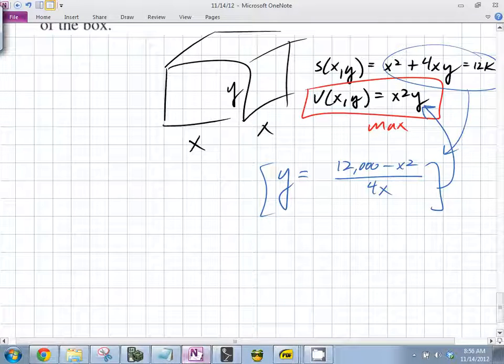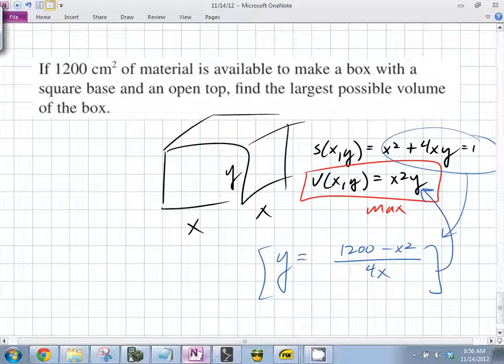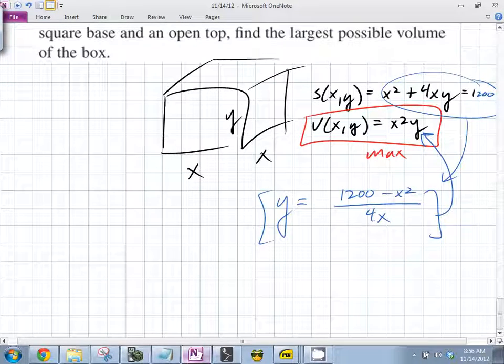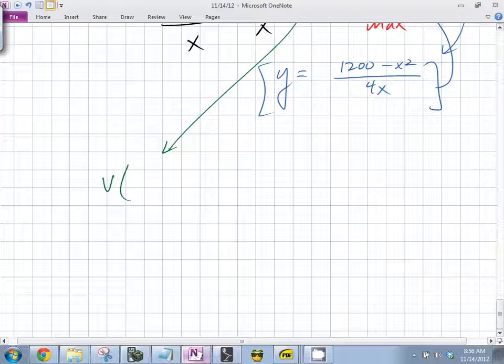Good catch. So where do we plug this in now, Carter? Plug it into the volume. And now what do we have that's so useful? We have the volume just in terms of x. So what's it equal? X squared times 1,200 minus x squared all over 4x.